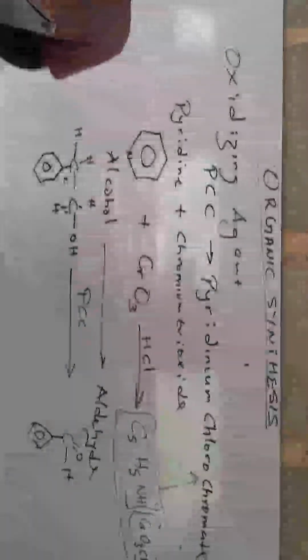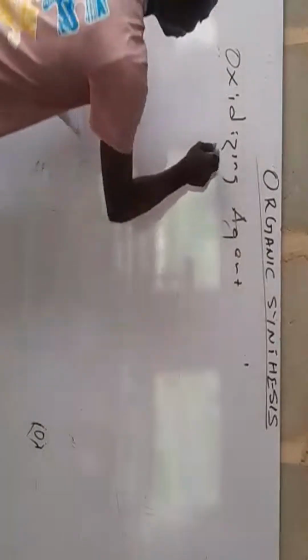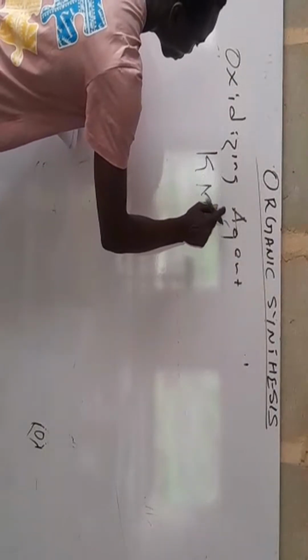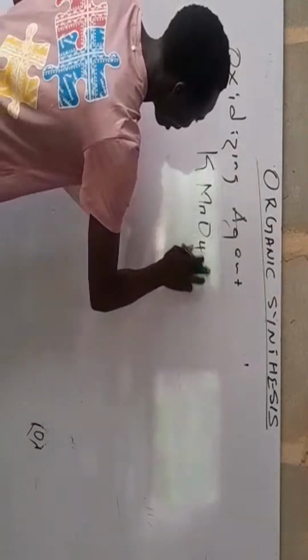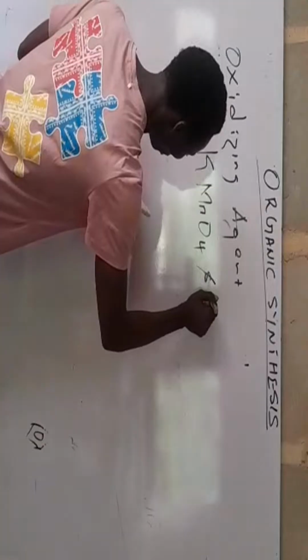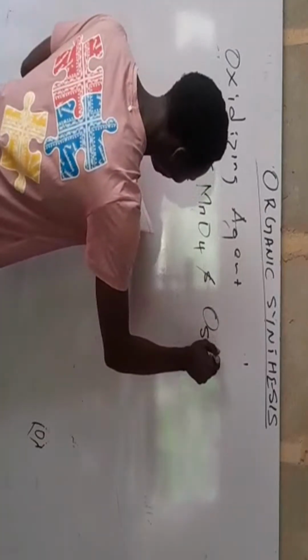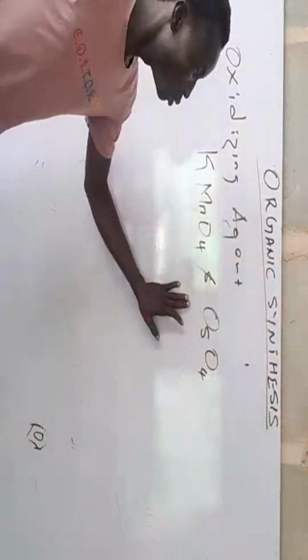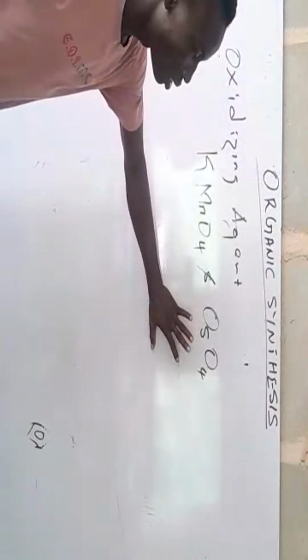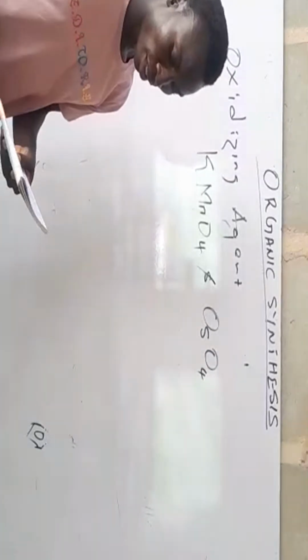Now, KMnO4 and OsO4. The symbol for osmium is Os. So osmium tetraoxide. Take note of that, okay?